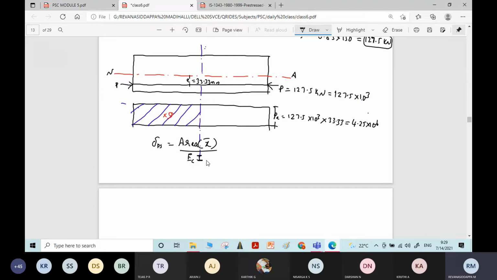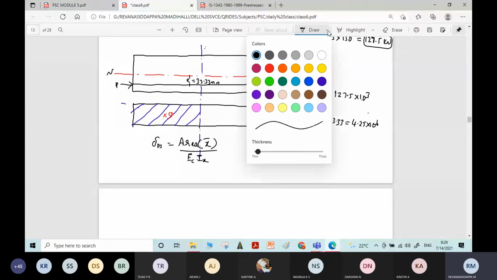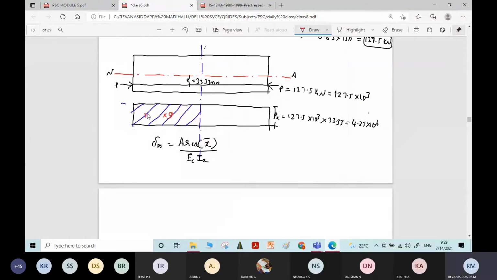X bar is the distance of the centroid from the first support, the distance from the left support, or we can also consider the right portion.